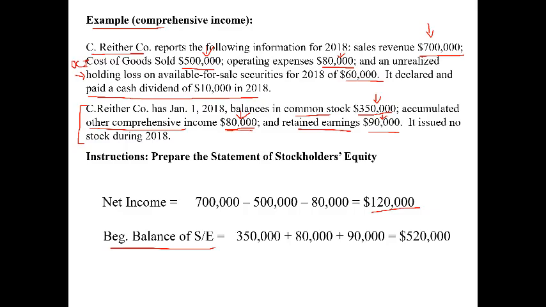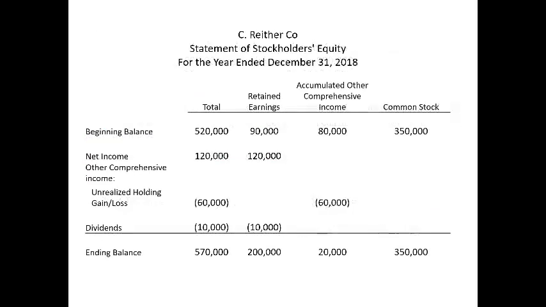All right, so let's do the statement of stockholders' equity. We start with our beginning balances. Here's our beginning balance, which we calculated at $520,000. It's made up of retained earnings, accumulated other comprehensive income, and common stock.